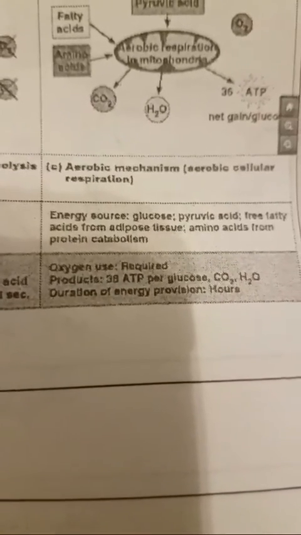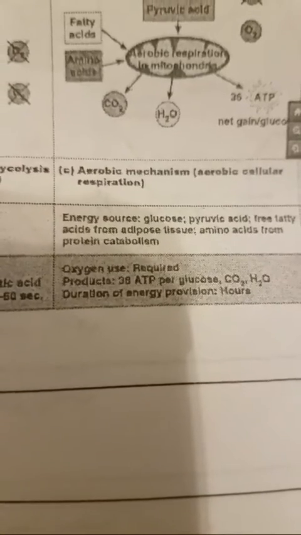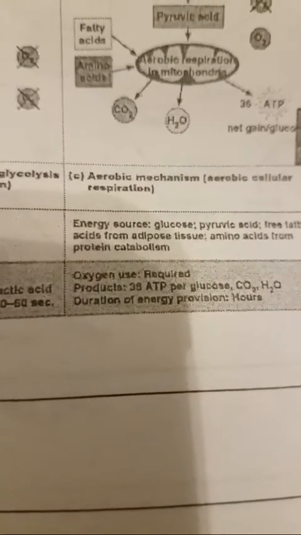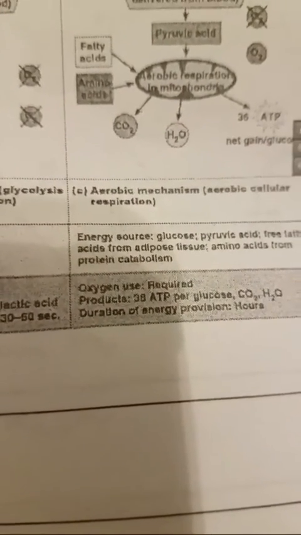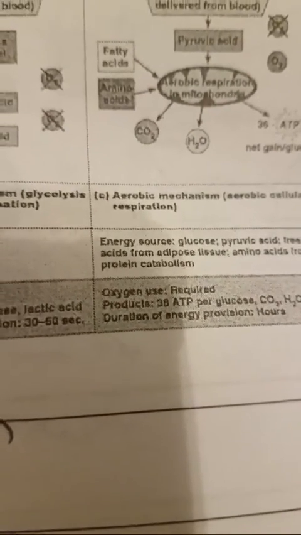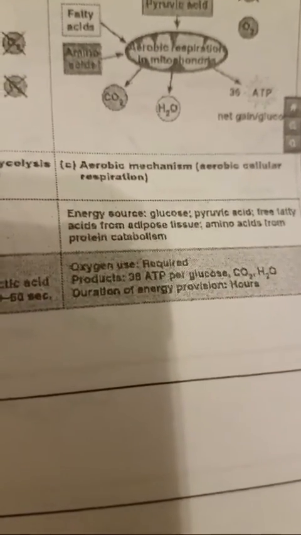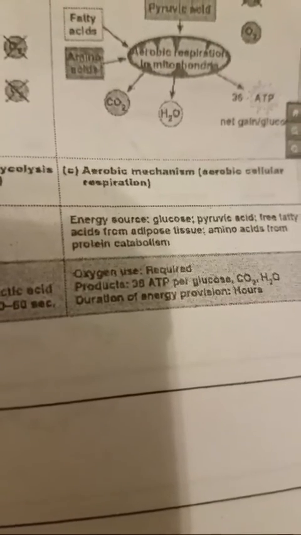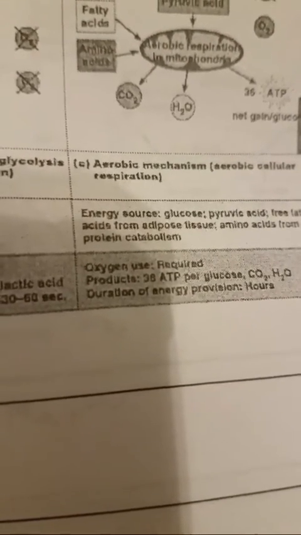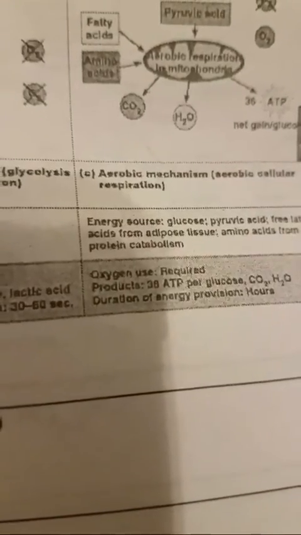Energy source is glucose, pyruvic acid, free fatty acids from adipose tissue, amino acids from protein catabolism. Oxygen use: required. Products: 38 ATP per glucose, carbon dioxide, and water. Duration of energy provision: hours.